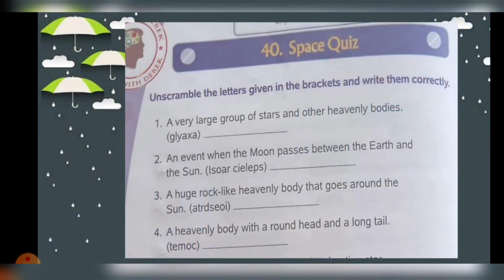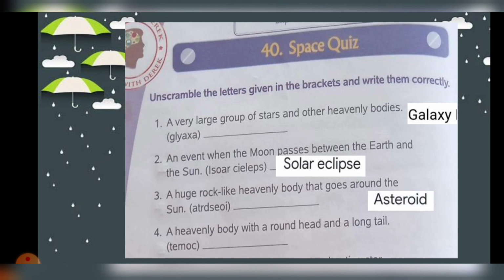Let's come to the exercises, children. Number 1, a very large group of stars and other heavenly bodies is known as galaxy. Number 2, an event when the moon passes between the earth and the sun. This event is known as solar eclipse. Next, a huge rock-like heavenly body that goes round the sun. It is known as asteroid. Number 4, a heavenly body with a round head and a long tail.